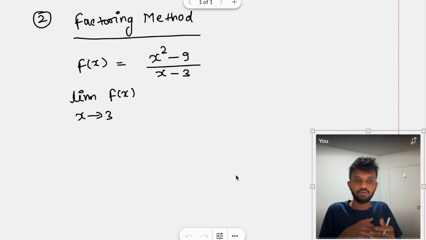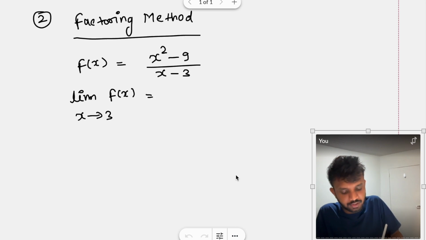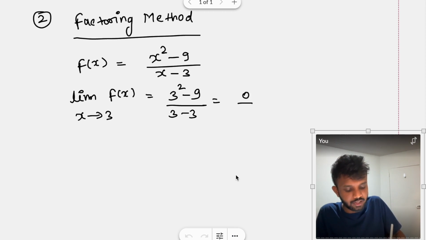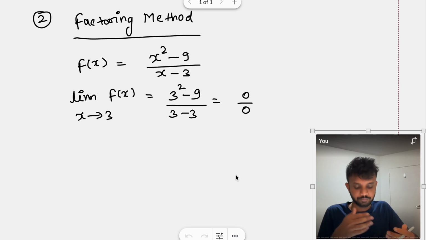If I do direct substitution like we did before, putting x equal to 3, this will be 3 square minus 9 over 3 minus 3. So this becomes 0 by 0, which is not defined. We can't predict the value of the limit.